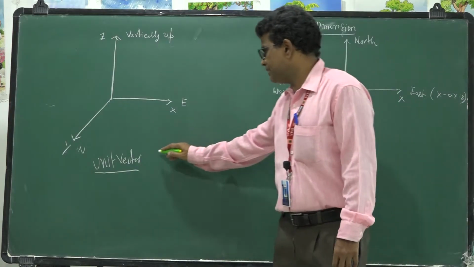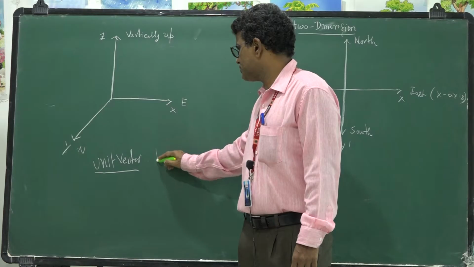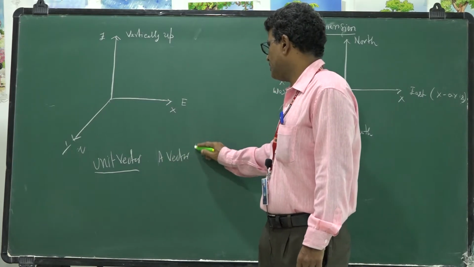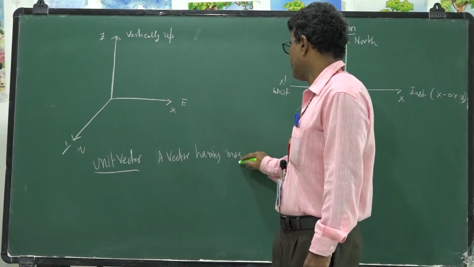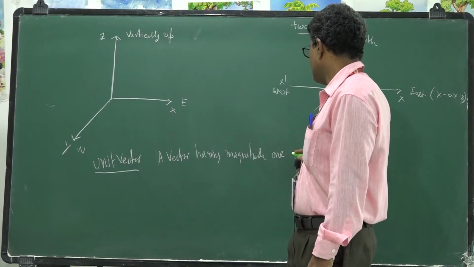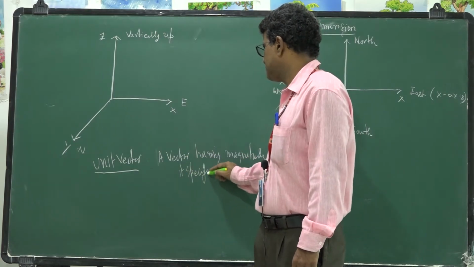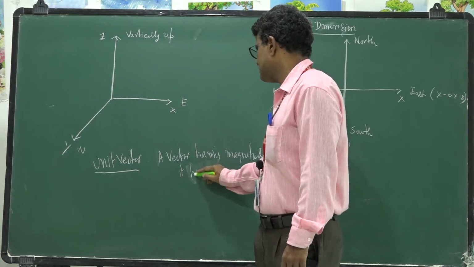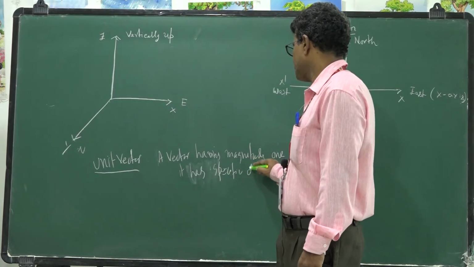I said in yesterday's class, it is a vector having magnitude 1, and it has a specific direction.